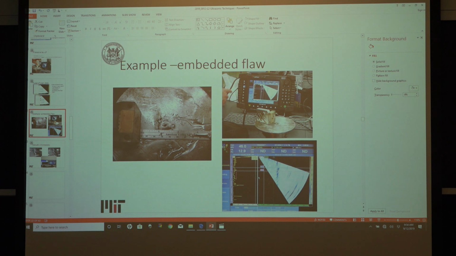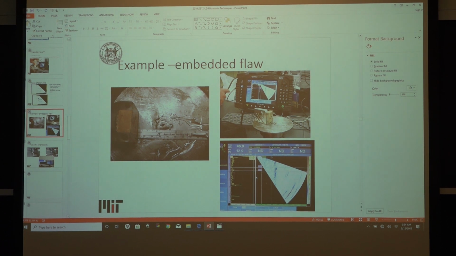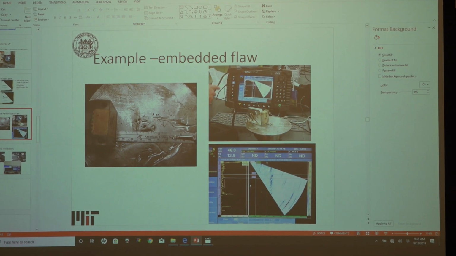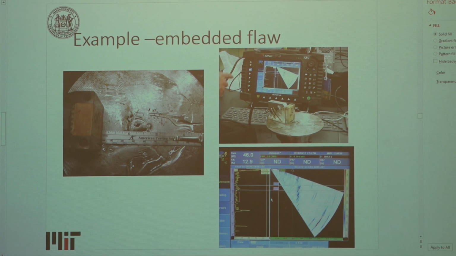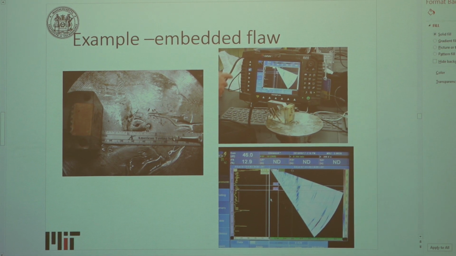And it was interesting because you could essentially see not only the embedded flaw, but you could see from the heat of the fusion that there was something like a heat affected zone from the heat of it breaking off in the sample. So that was one of the samples that was being tested, and that is the equipment on the upper right with the various probe and wedge that was selected.